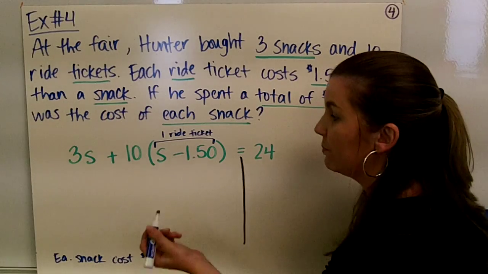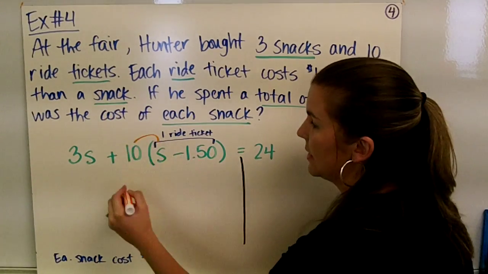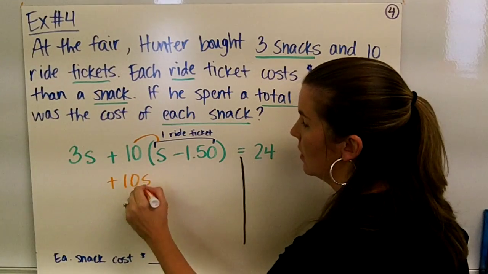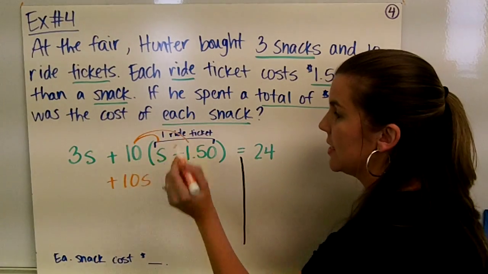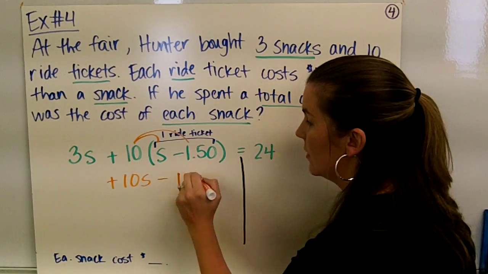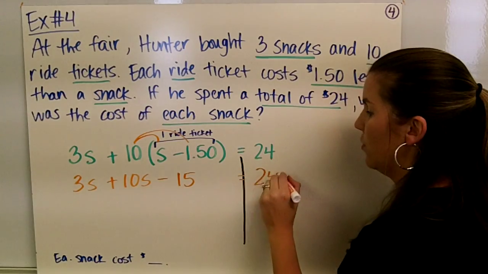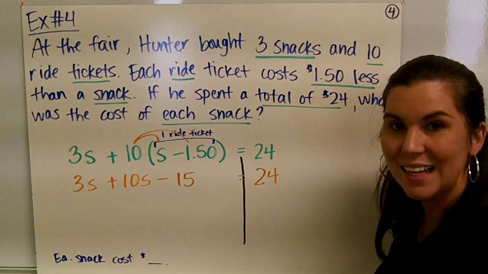And I can solve this equation. So our first step is to distribute. 10 times s is 10s, and 10 times negative 1.5 would be negative 15. I can carry down the 3s and equals 24. I can combine like terms now.